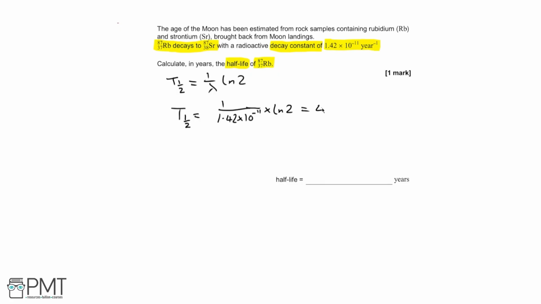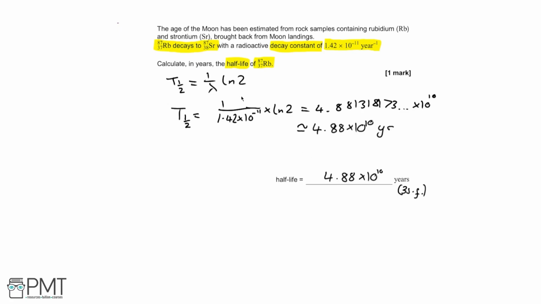This gives us 4.88131873 times 10 to the 10, which is approximately 4.88 times 10 to the 10 years. Therefore, our answer is 4.88 times 10 to the 10 years to three significant figures.